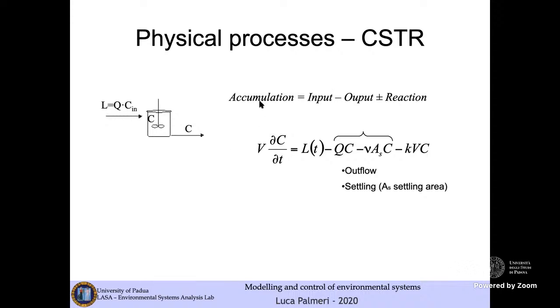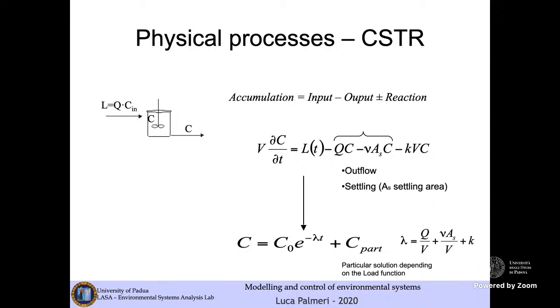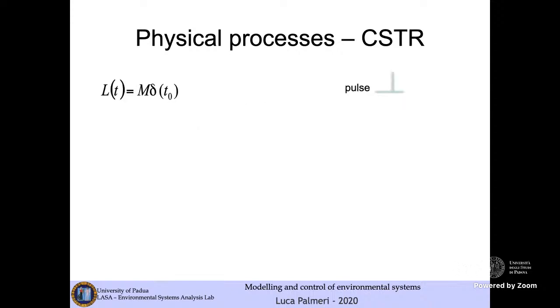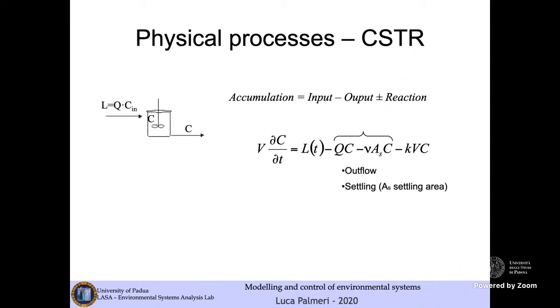Again, we write that the accumulation of some kind of substance, for the environmental engineer, I would say toxic substance, is equal to inflow minus outflow plus or minus transformation. We said that in the case of the CSTR, we can write down these equations, and in order to understand what this equation tells us, we start analyzing some examples.